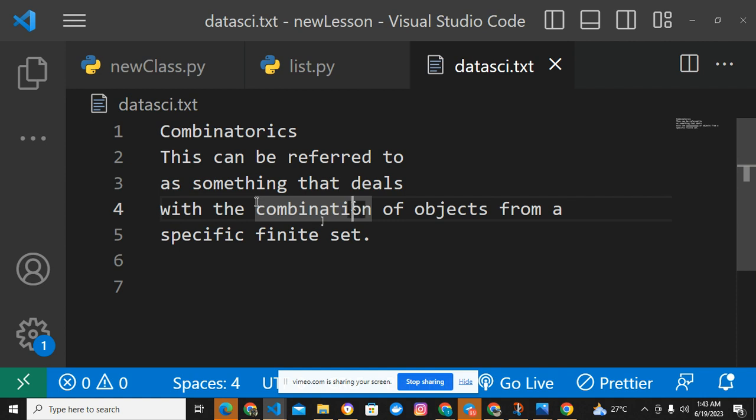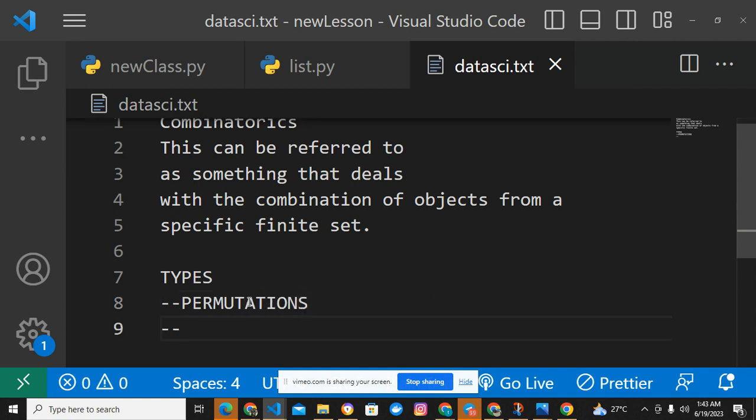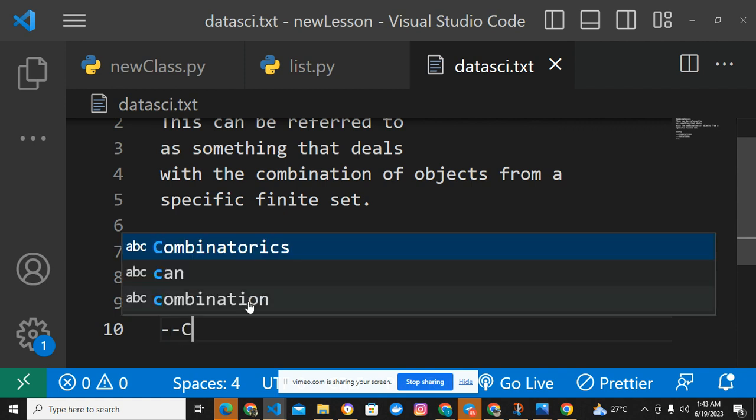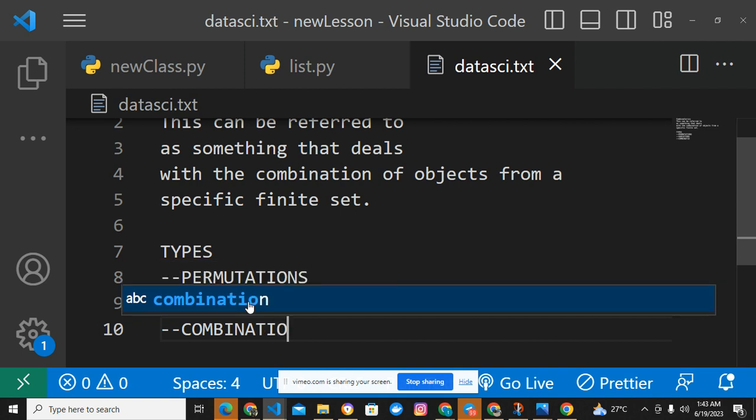Types of combinatorics: we have permutations, variations, and combinations.